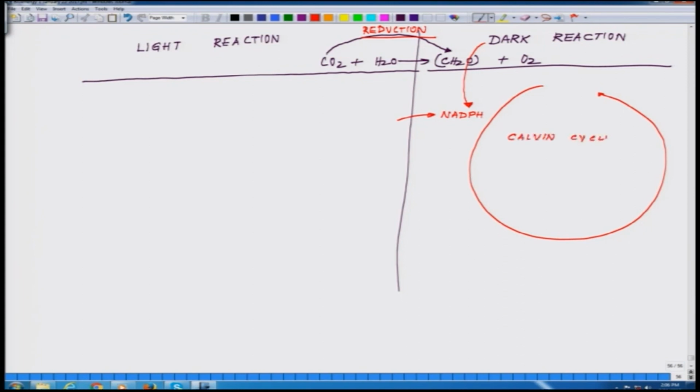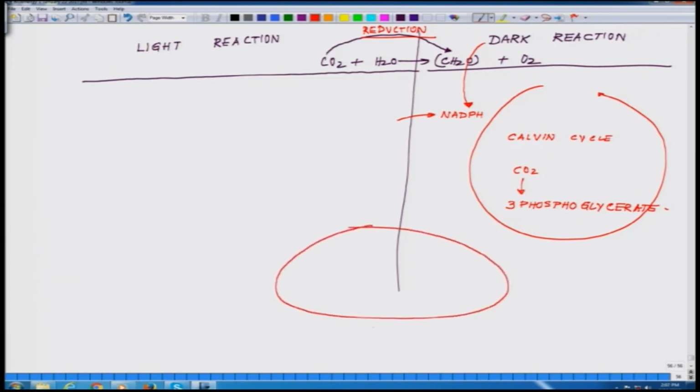Okay. So, the Calvin cycle is basically what is happening is that CO2 is getting converted into, we will come in depth of all these things later, just at this stage have an idea, phosphoglycerate, and all these things are happening within that organelle what we talked about as the chloroplast.